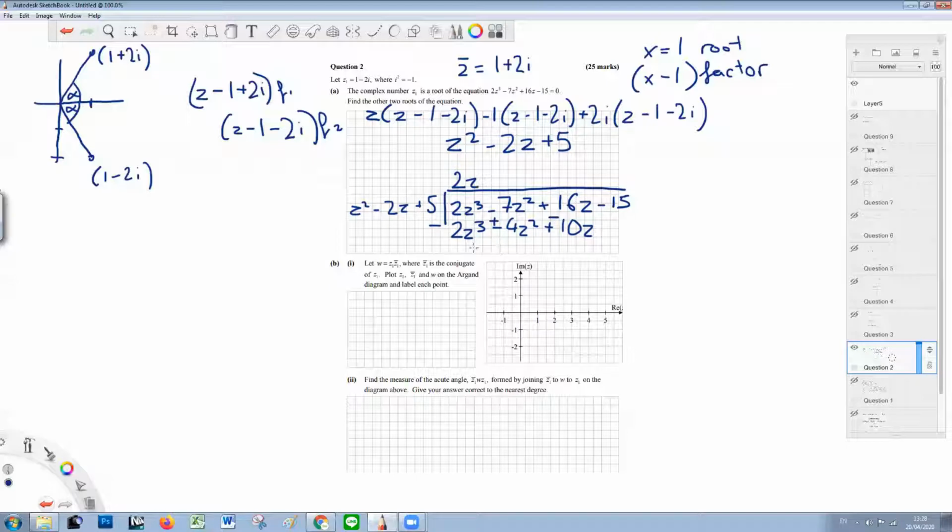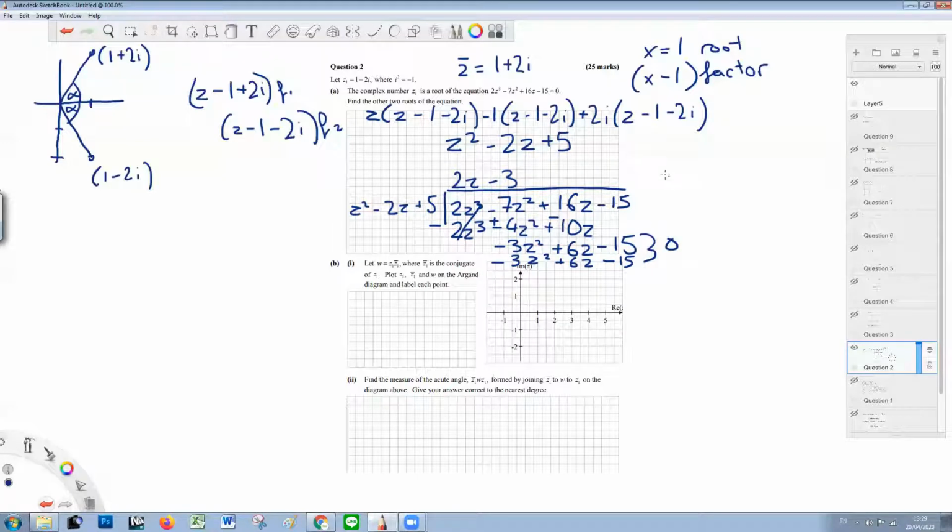It's going to be minus 3z squared plus 6z minus 15. So that's going to be a minus 3. So basically that all makes sense. That all just goes to 0.